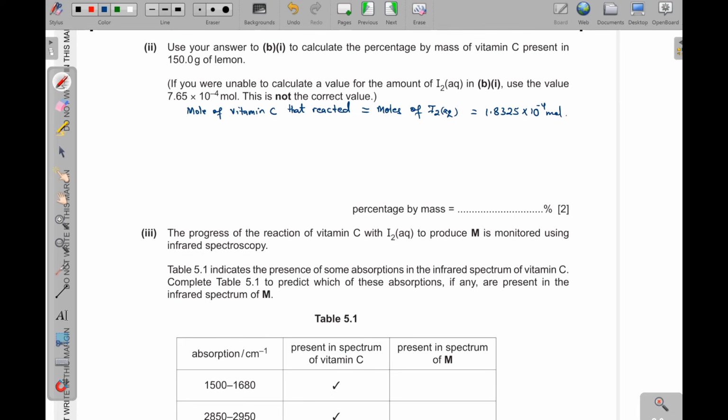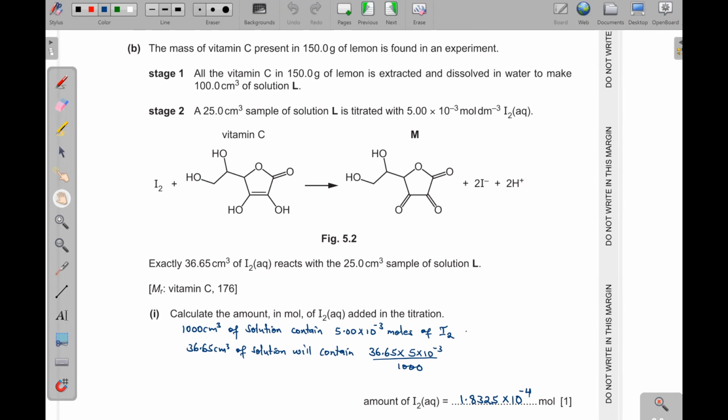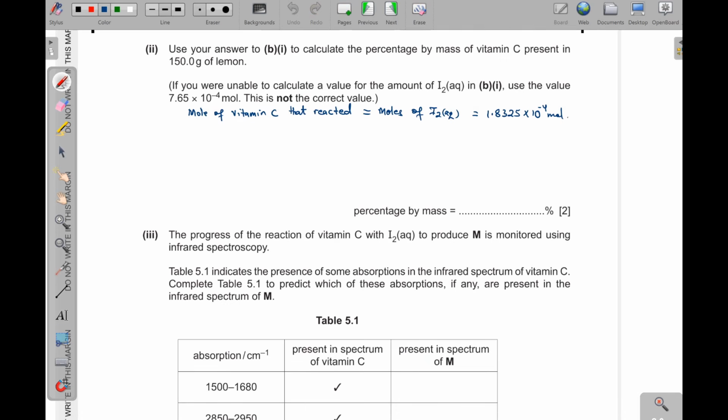After that, remember we need to get the mass. So these moles here are contained in what? These moles are contained in 25 cubic centimeters. Okay? So we shall come here and we say 25 cubic centimeters of solution contain this 1.83 times 10 to the power of negative 4.